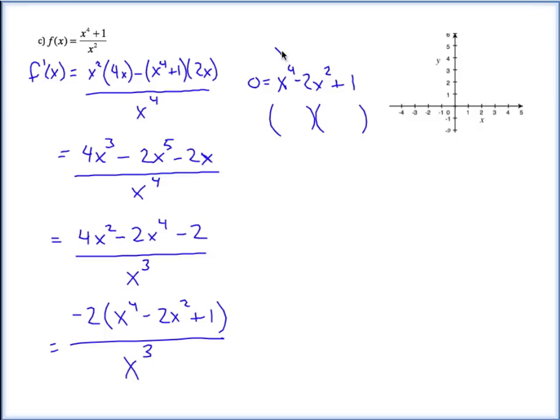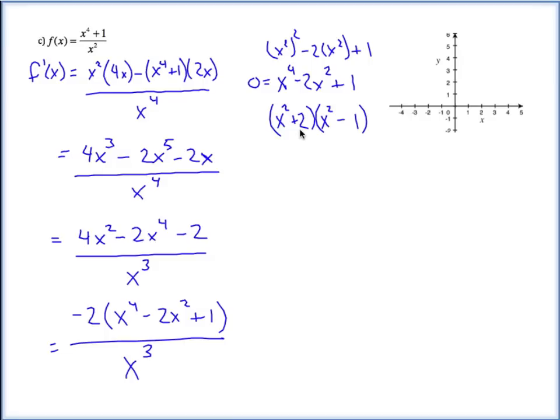So we can think of this as like x squared squared minus 2 times x squared plus 1. So instead of having an x here, we actually have an x squared. And then, to get a positive 1 but a negative 2 here, we're going to have to go plus 2 and then minus 1.